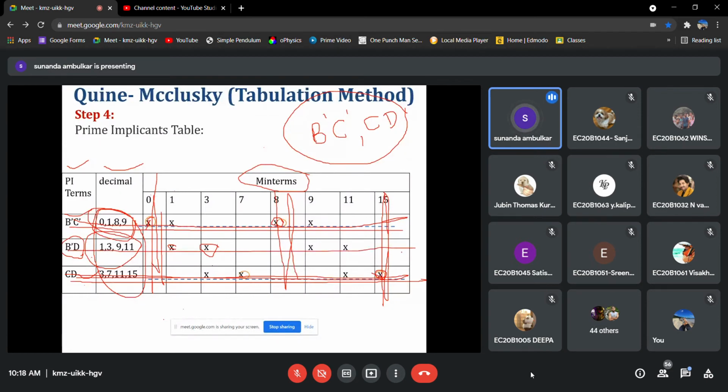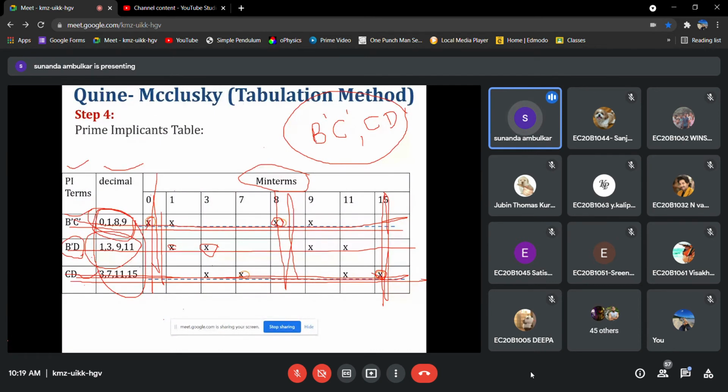Okay, so at the first level we have to find the essential prime implicants. Then after deleting those prime implicants and those min terms, we have to identify which min term belongs to only one prime implicant. After identifying that, we have to check whether that min term combination has already been included in the first phase of the essential prime implicants.